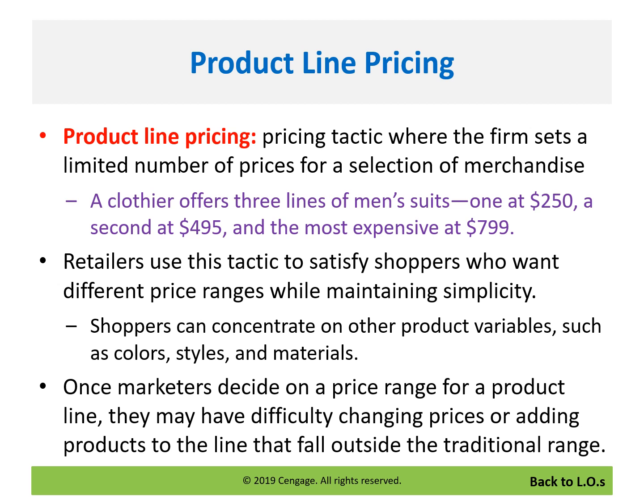Retailers use this tactic to satisfy shoppers who want different price ranges while maintaining simplicity. Shoppers can concentrate on other product variables such as colors, styles, and materials. Once marketers decide on a price range for a product line, they may have difficulty changing prices or adding products to the line that fall outside the traditional range.